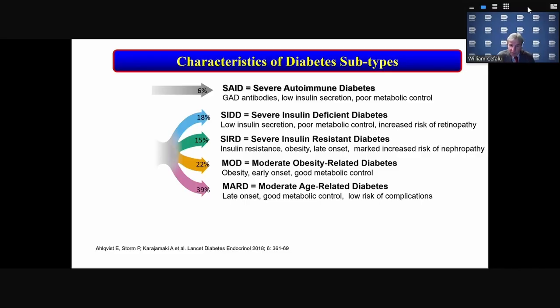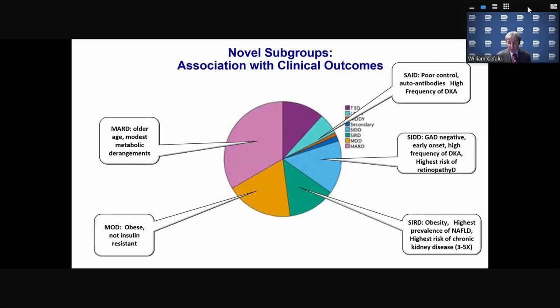Now, the importance of this study was that they were able to show that these subtypes did indeed relate to clinical outcomes. So identifying someone early and knowing that those variables can predict a complication is very powerful information.